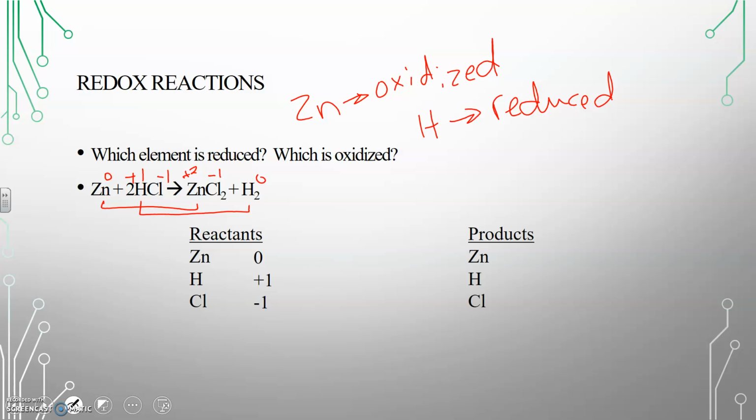And then our products, zinc has a +2, hydrogen has a 0, and chlorine has a -1. So this is easy to see. Zinc changed charge. It went up in charge, so it lost electrons. Hydrogen went down, so it lost charge but gained electrons. So hydrogen is reduced and zinc is oxidized. And that is it for this section.